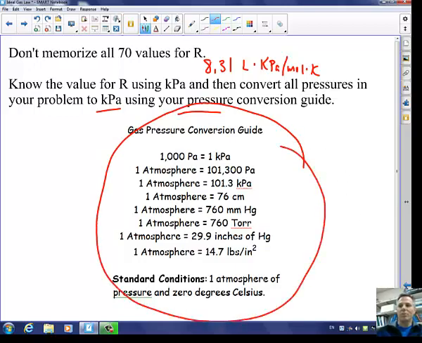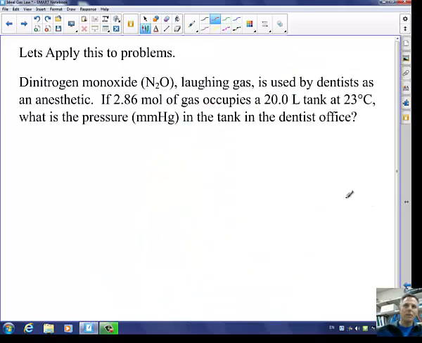So let's go ahead and take a look at an example of this. Here's a problem in which we have dinitrogen monoxide, laughing gas. It says we have 2.86 moles of the gas and it occupies a 20-liter tank at 23 degrees Celsius. What is the pressure in millimeters of mercury in the tank in the dentist's office? Okay, so what do we know?